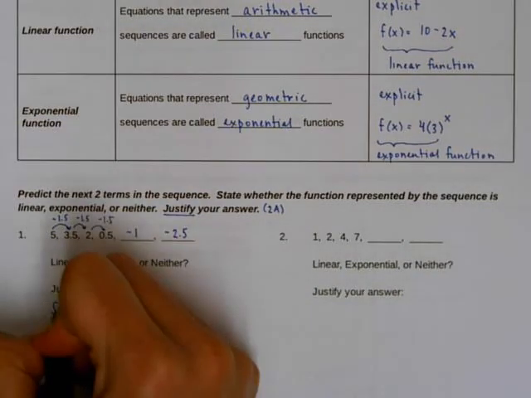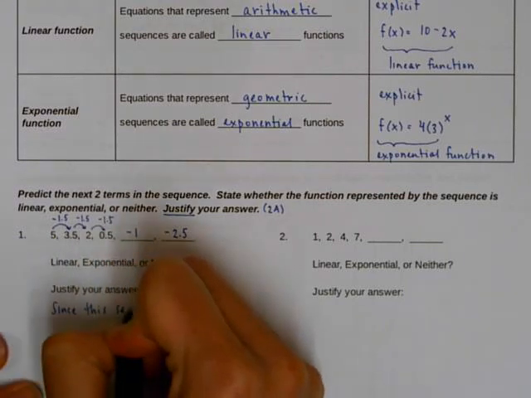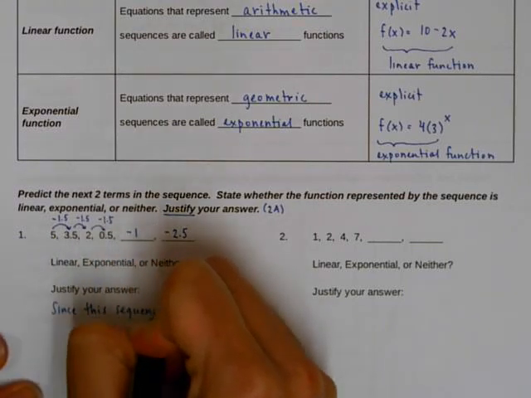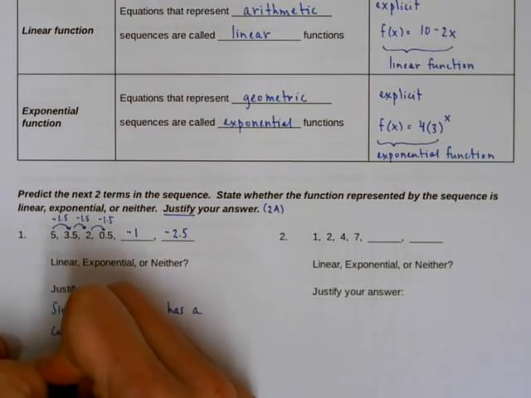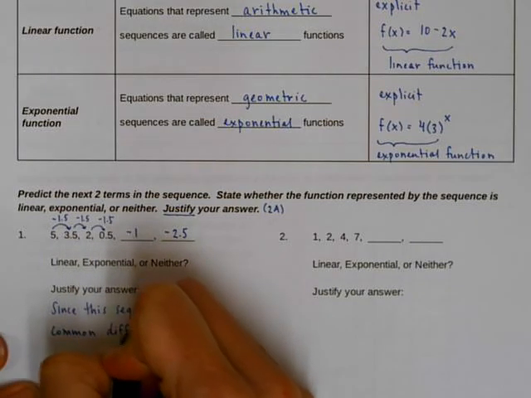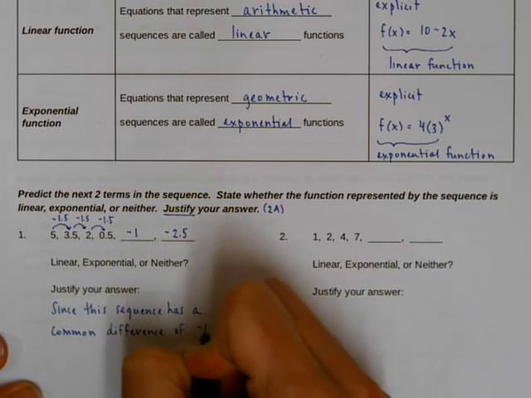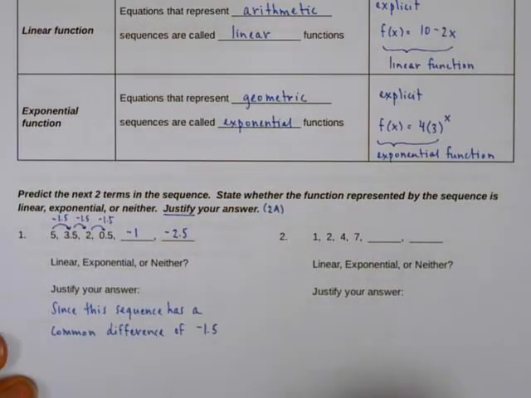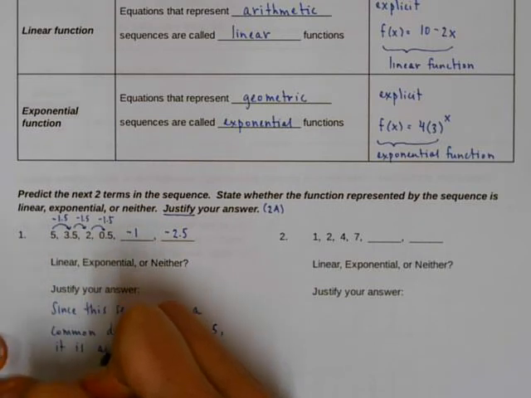I'm just going to say, since this sequence has a common difference, right? That number that I'm subtracting over and over again is the common difference. It has a common difference of negative 1.5. That means it is arithmetic.